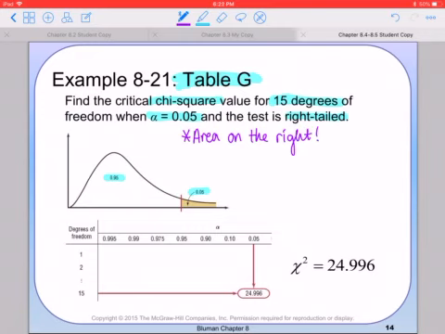So, we just have to look up our 0.05, our 15 degrees of freedom, and we find our chi-squared value of 24.996. Please take a moment and verify that you can find that on your table.